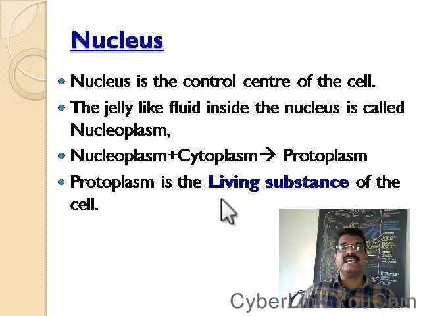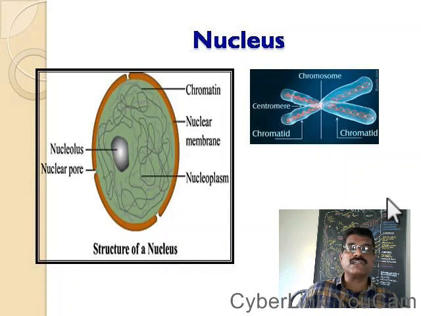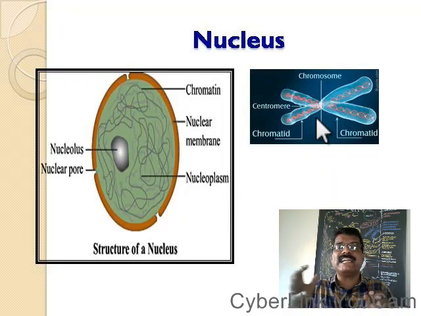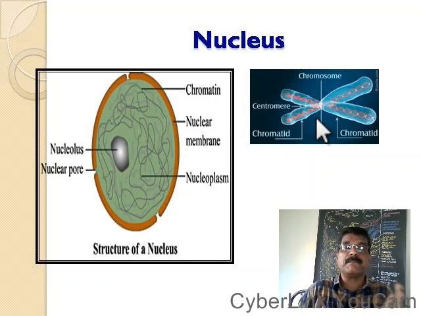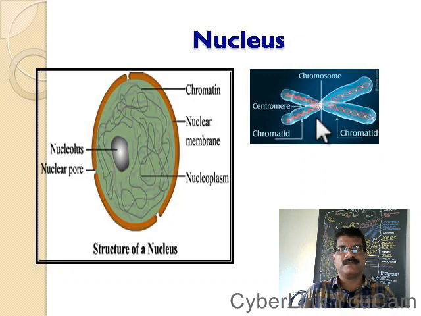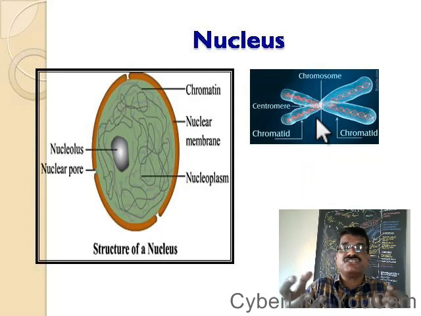These genes present on the chromosomes are nothing but DNA, deoxyribonucleic acid, which are responsible for carrying the hereditary characters from the parents to the offspring, to the next generation. You possess a lot of your parental characters because of the genes or chromosomes or DNA that you receive from your parents.